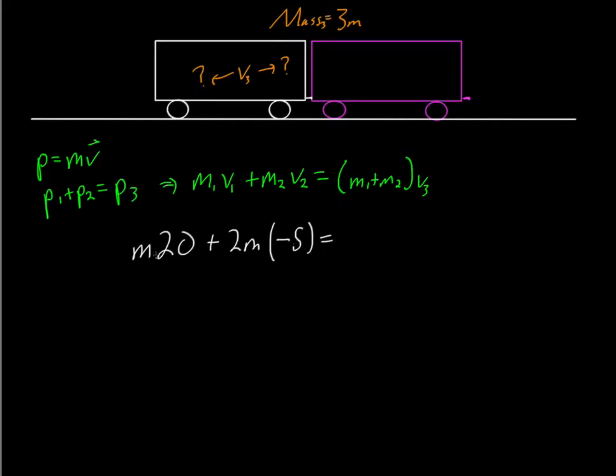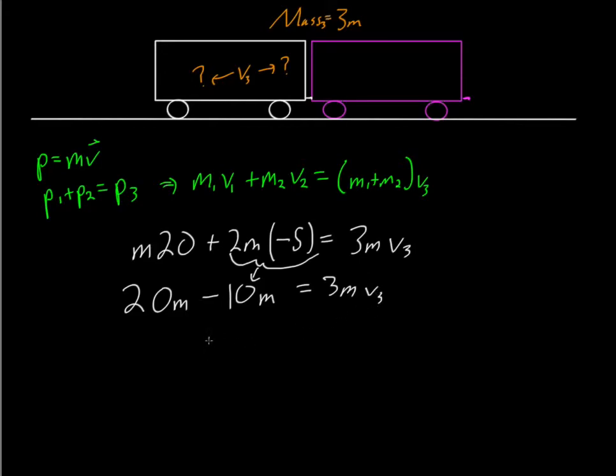And once again, we're getting back to our equation. All this is going to be equal to 3m times v3. So then we have 20m minus 10m equals 3m times v3.